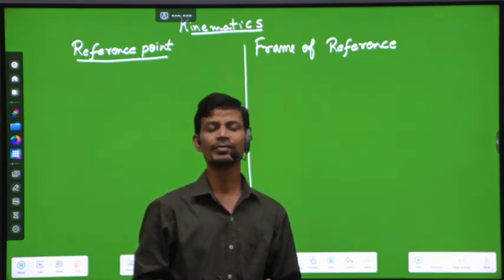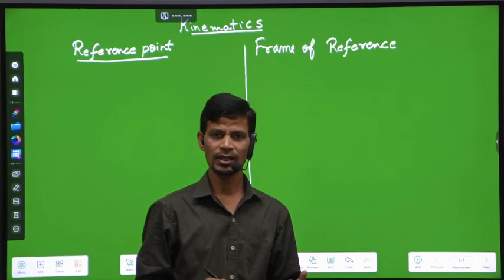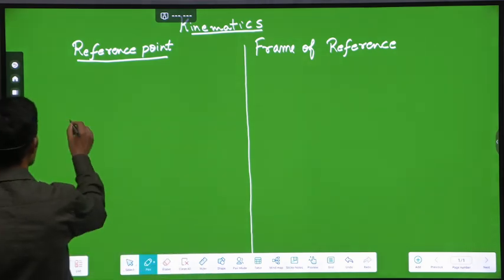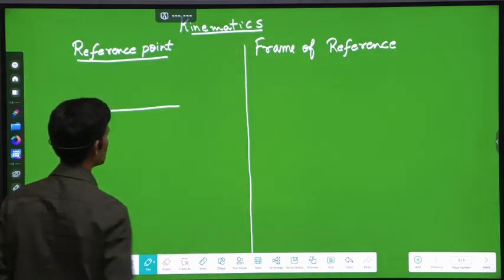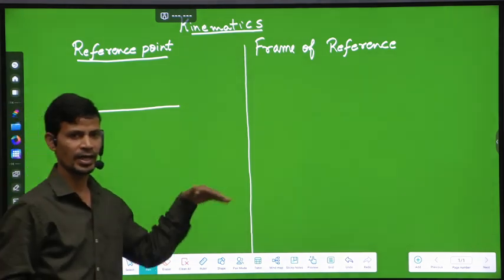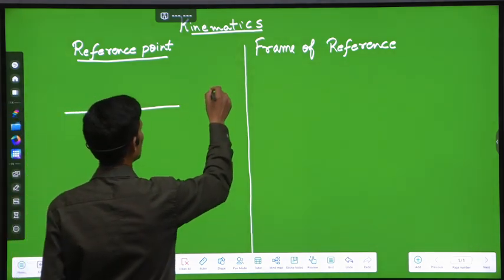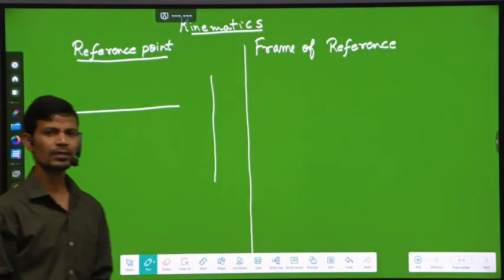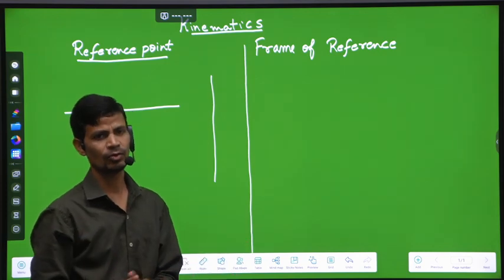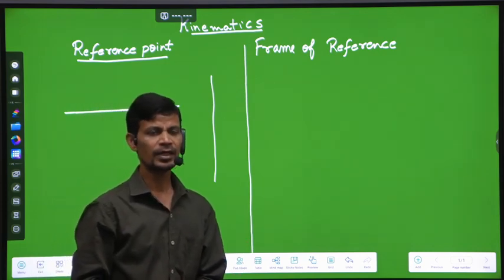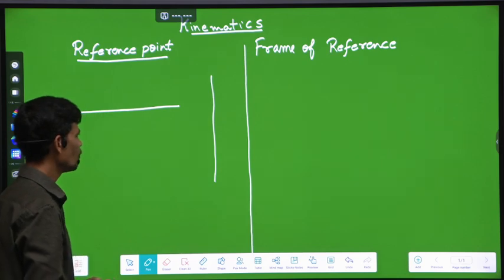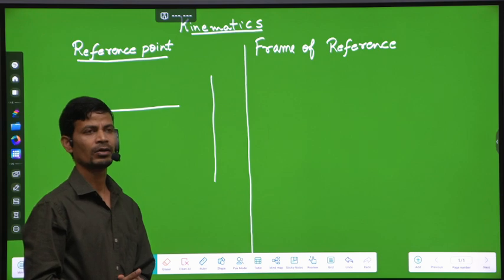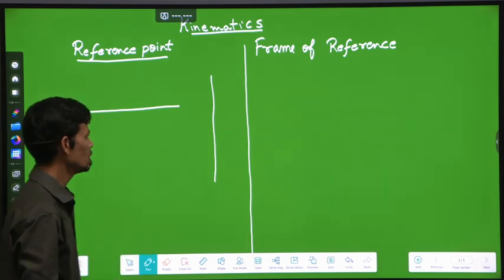So if we are observing motion in a straight line, then there is only one axis, either horizontal axis or vertical axis. But it is just the one dimension only. And in this one dimension, from which point are we measuring or observing the motion?